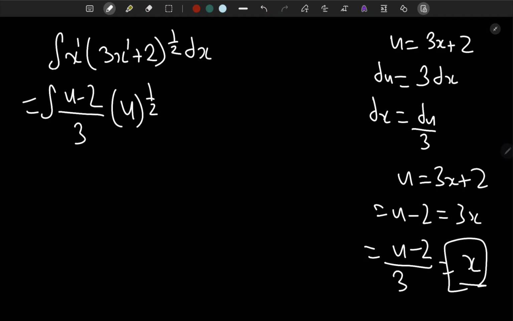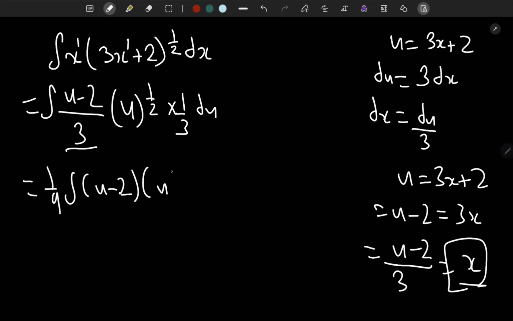So I'm just going to take the 3 outside here, 1 over 3 du. And now we can bring this 1 over 3 outside, and this 1 over 3 outside. So it's going to be 1 over 9 integration of u minus 2 times u to the power of half du.